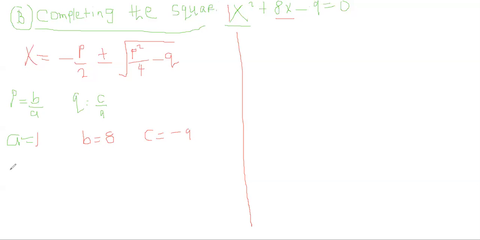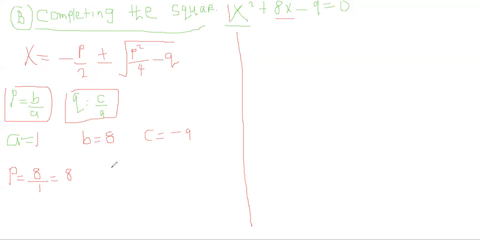So we are going to calculate the value of P, and we said P is B over A, and B is 8, and this will give us 8.